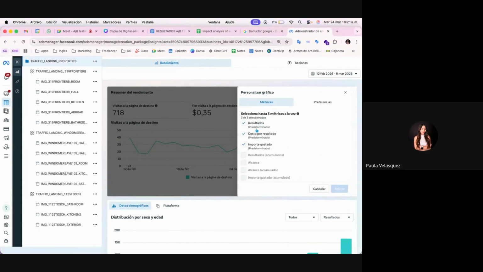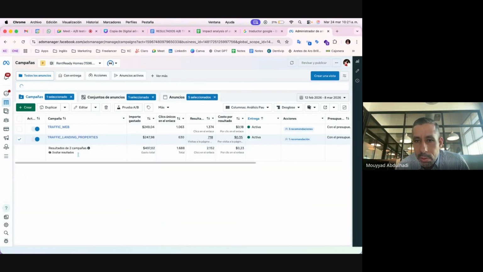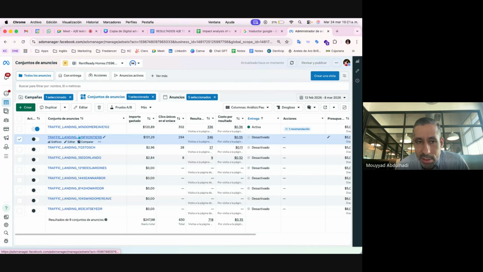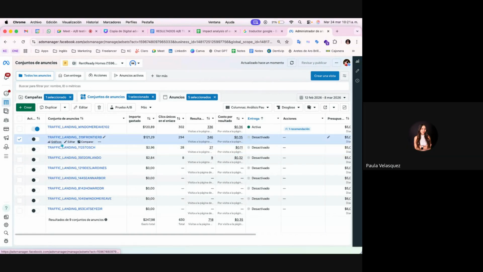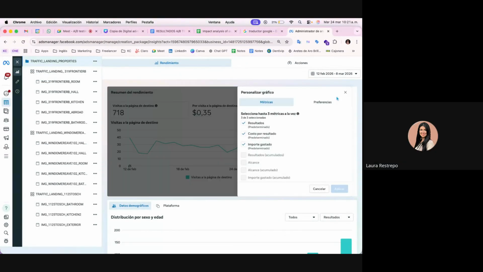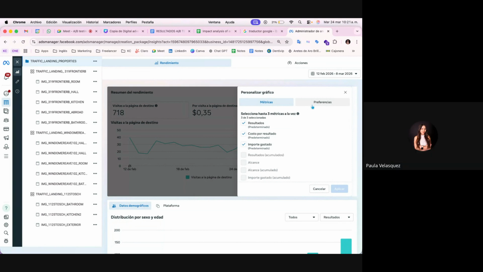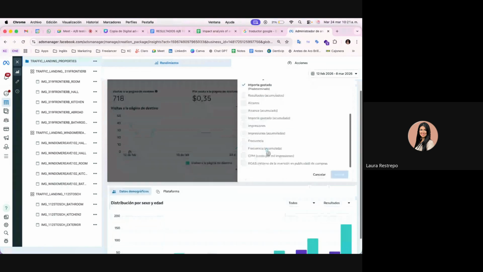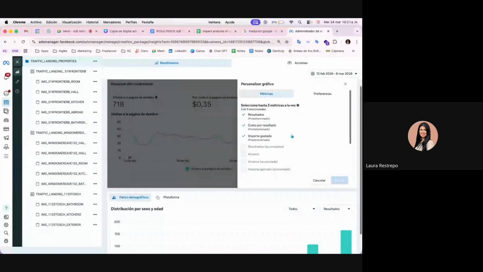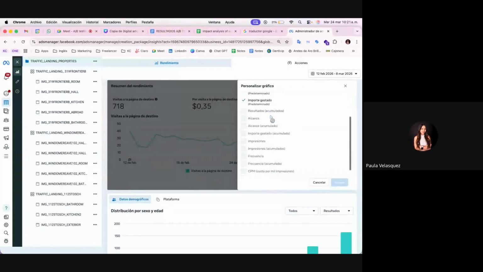You have to go back, Pau, and unclick one of the results and do the click on there. You can only select 3 at a time. You want to see just the clicks, but Pau doesn't have the ability to check just clicks. Let me see, with results, cost per results, impressions, and clicks.